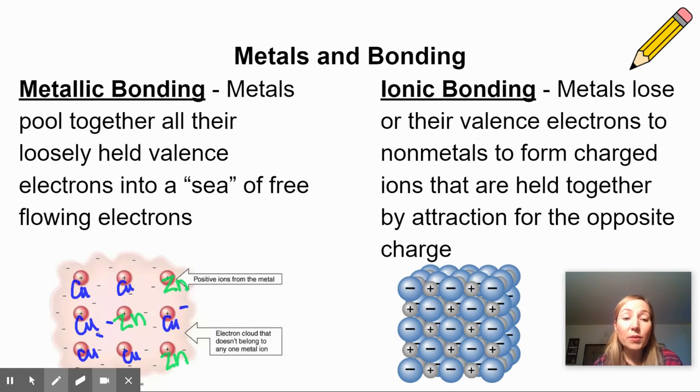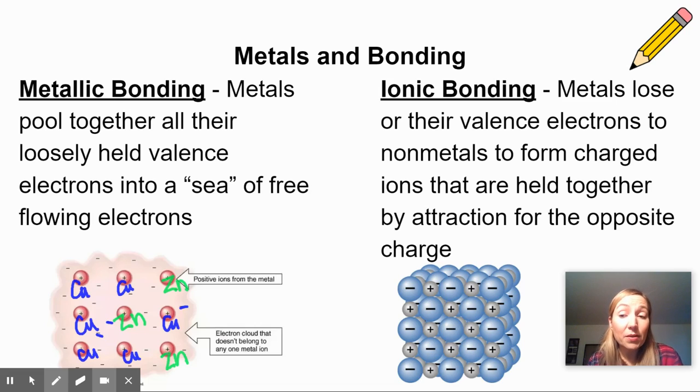And those alloys will also, when they have metals mixed, pool together their electrons into this sea of free flowing electrons. And those electrons don't really belong to any one metal ion, they're flowing and they can conduct current, for example. Now, metals can also bond to nonmetals in ionic bonding.